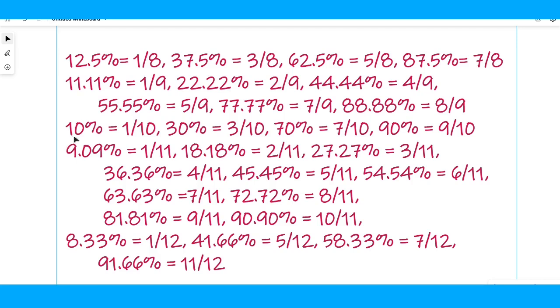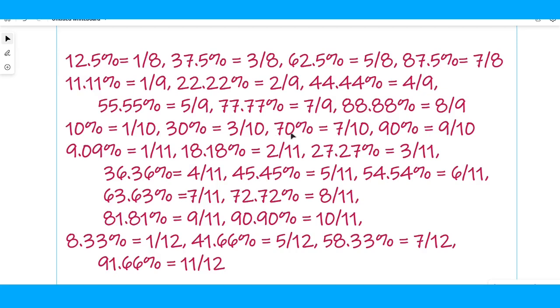Now 10% is 1/10 of 100, so 10% is 1 upon 10. 20% we have already calculated, which is 1 upon 5. 30% is 3 upon 10. Then 40% we have calculated in the series of 20%, which is 2 upon 5. 50%, which is 5 upon 10, is 1 upon 2, already calculated.